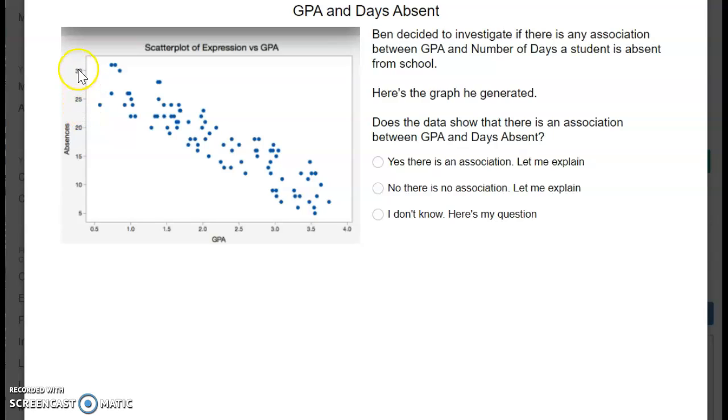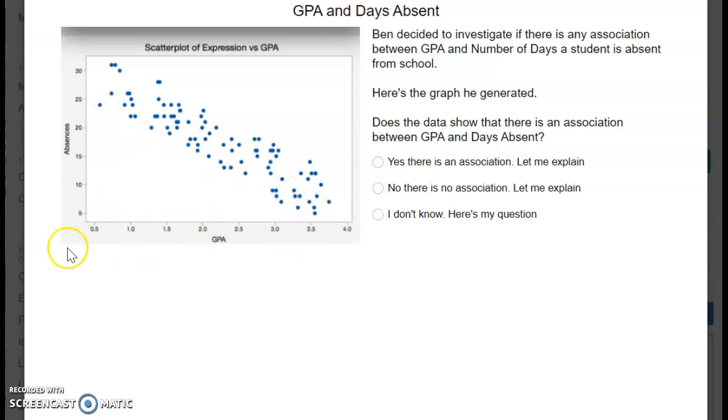That means students with many absences, they were absent a lot from many of the school days. Okay, the GPA was also very low. It was less than 1. Whereas the students with very few absences, like 5 or less, or maybe 10 or less, the GPA tends to be higher.